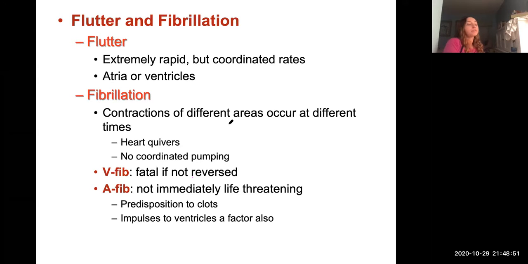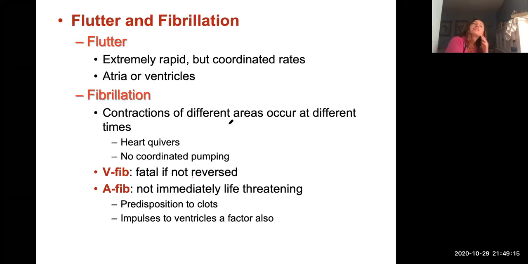They're just not contracting because they're not receiving the signal, or they're receiving such a rapid signal that it's just confusing.